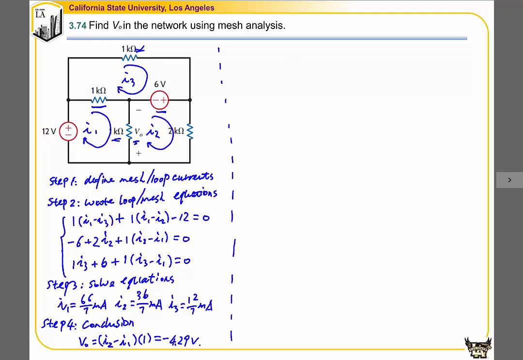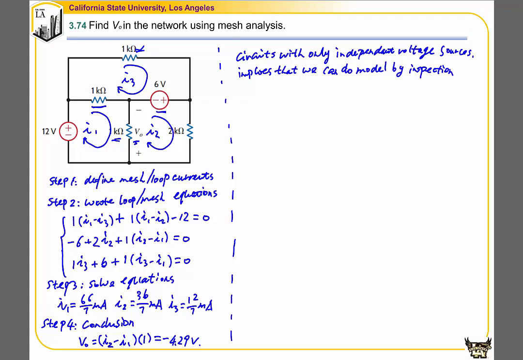If we look at the problem again, we also notice that this is a circuit with only independent voltage sources. It implies that we can do mesh analysis by inspection. Since we have 3 unknowns, eventually it will lead to a matrix form with a 3 by 3 matrix times the vector with the 3 unknowns, I1, I2, and I3.